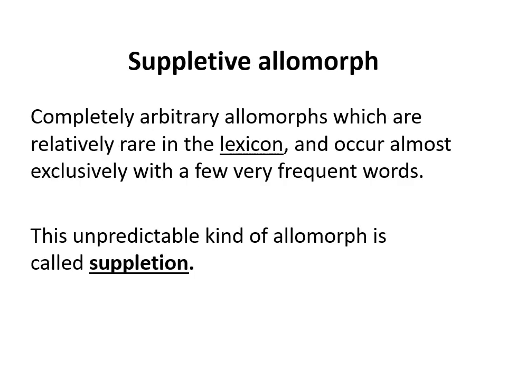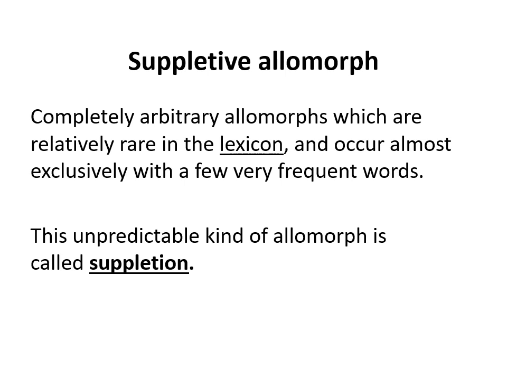So suppletive allomorphs, we can say, are completely arbitrary allomorphs. Arbitrary means there is a random change in the spelling or in the shape of the word, and this is not predictable from the first form of the verb. We cannot make the plural or second form according to the base word. So these are arbitrary allomorphs.